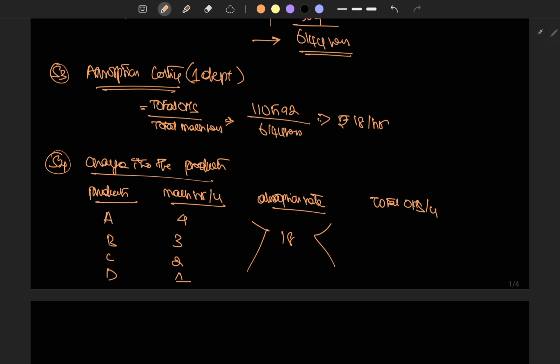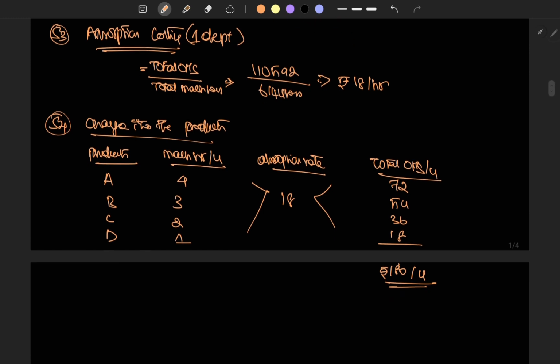If we multiply 18 into 4, we get 72 per unit for product A, 54 for product B, 36 for product C, 18 for D. 72 plus 54 plus 36 plus 18 is 180. So we found out the total overheads per unit.